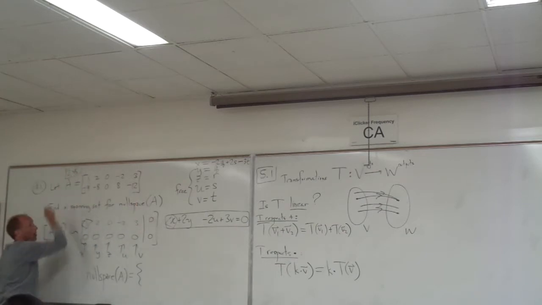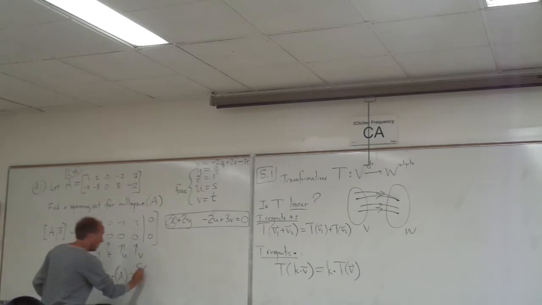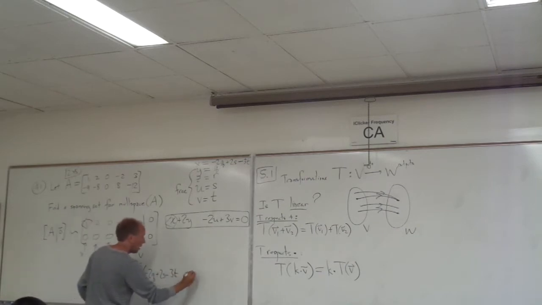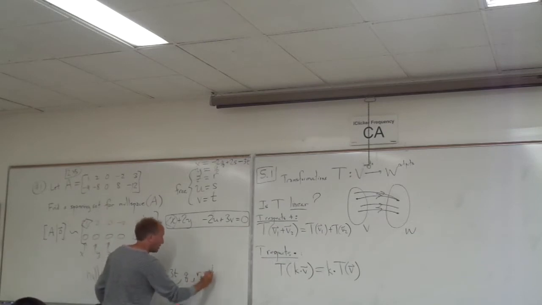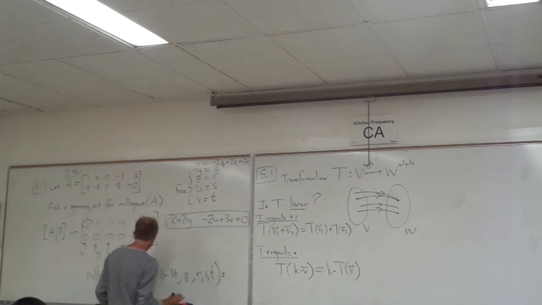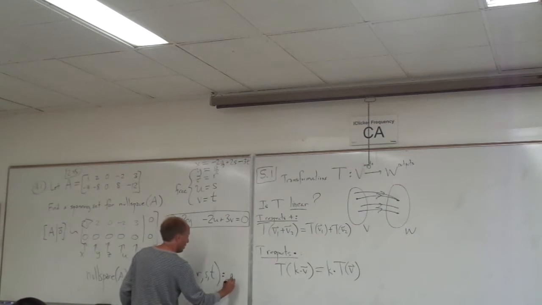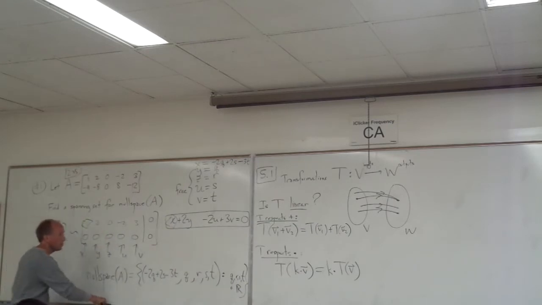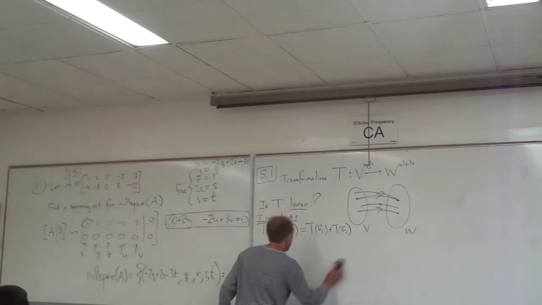So it's going to be a set that has 5 slots in it: negative 2Q plus 2S minus 3T, comma, Q, comma, R, comma, S, comma, T. Just write all that down, such that Q, R, S, and T are elements of the real numbers. So this is what the null space of the matrix is in this problem.